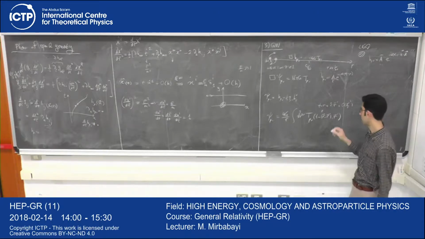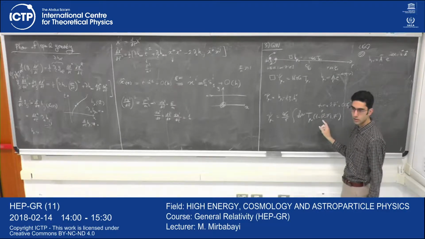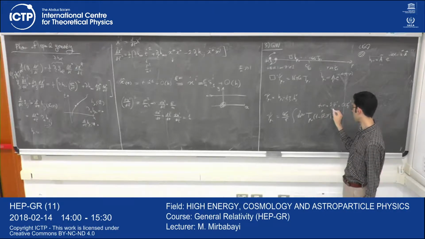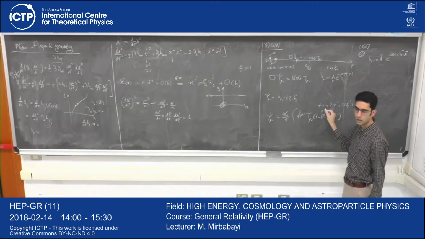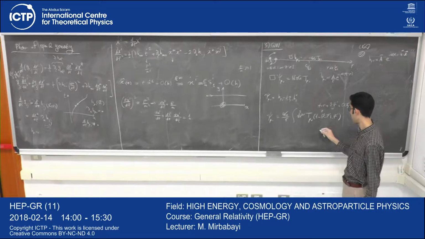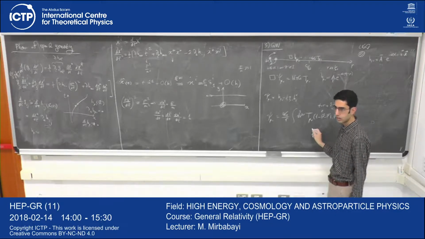So then we were expanding this by taking time derivatives, just Taylor expanding in terms of this, because this is much smaller than that. So we're saying that is an expansion in powers of omega r, right?